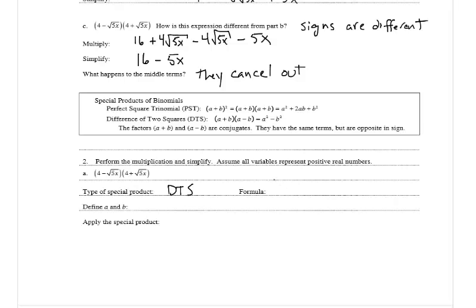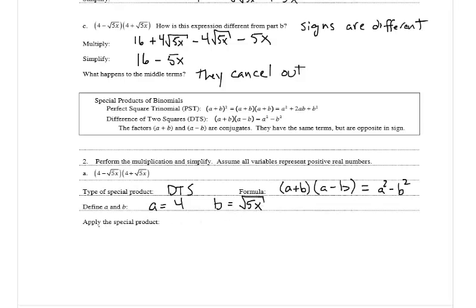So our formula from above was a plus b times a minus b is equal to a squared minus b squared. And now it wants us to define a and b. So a is equal to 4 and b is equal to square root of 5x.